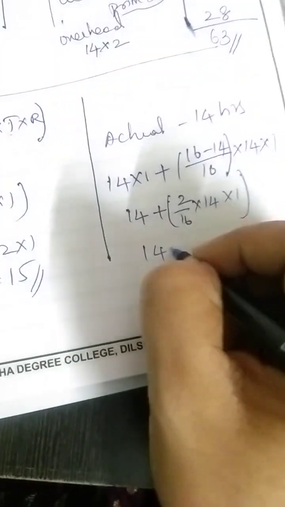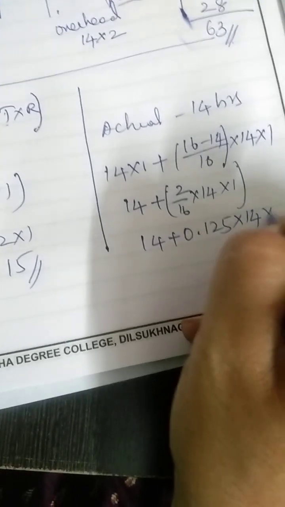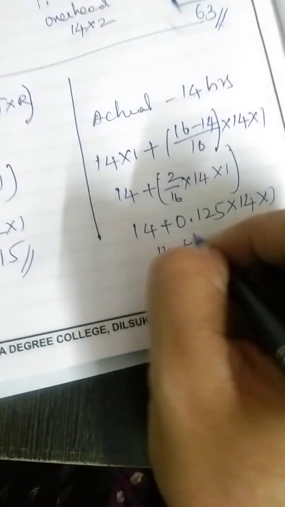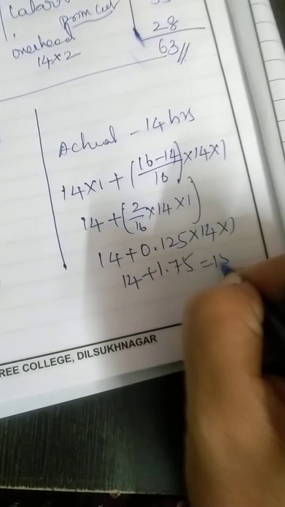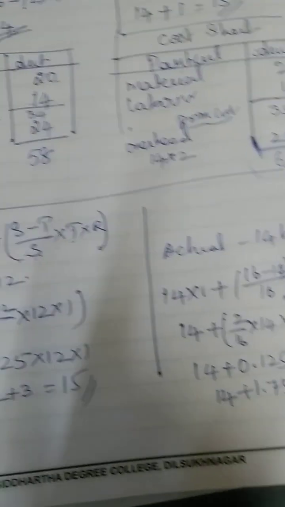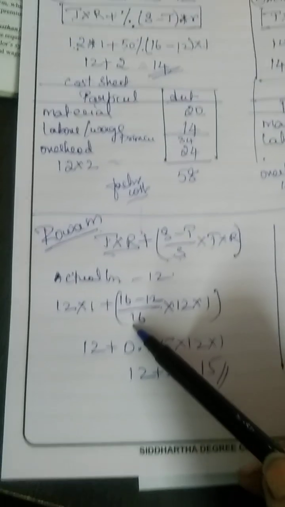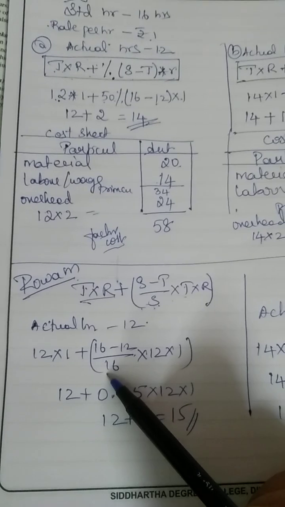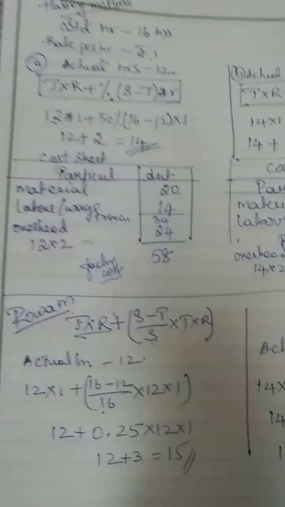Therefore 14 plus 0.125 multiplied by 14 into 1, which is going to be 14 plus 1.75. Therefore the answer is going to be 15.75. So this is how the answer goes. The part above is called the Halsey method, and the part below is called the Rowan method, which is very easy, simplified just by substituting into the formulas.